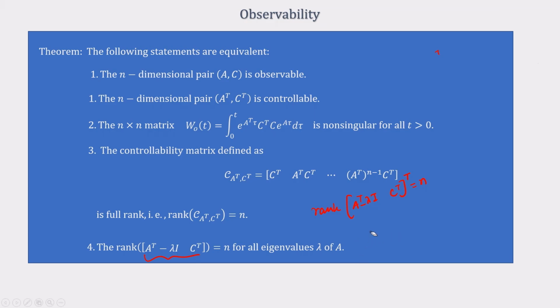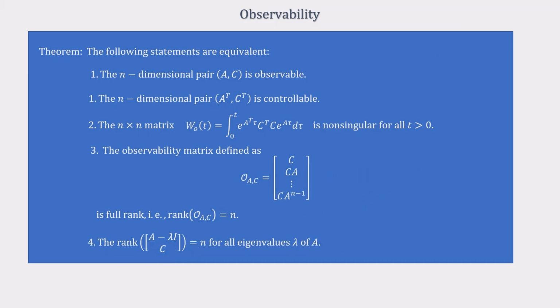The transpose of this matrix has rank that will also remain equal to n, and that is why, if I take the transposes, this can be written down in this way, right. And these are the equivalent statements for observability.